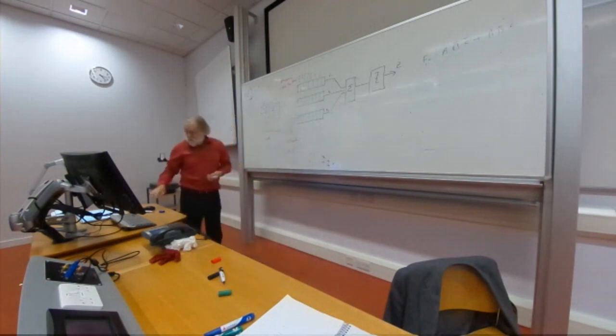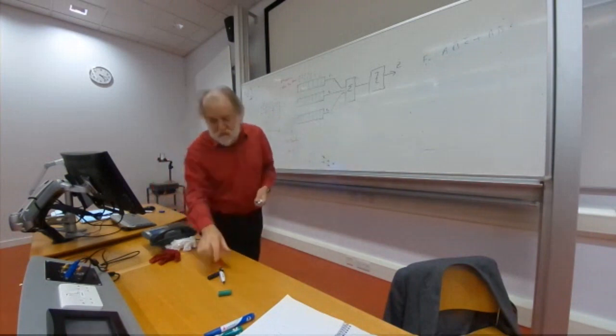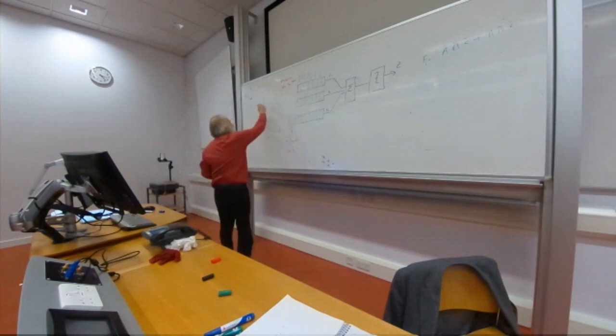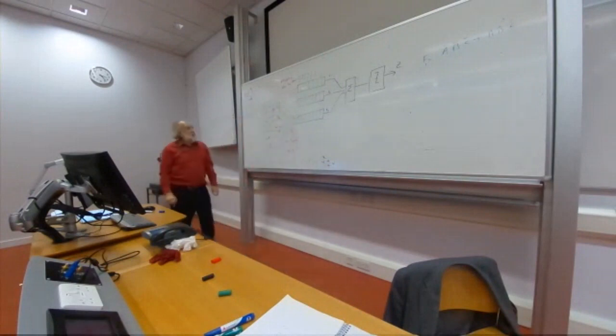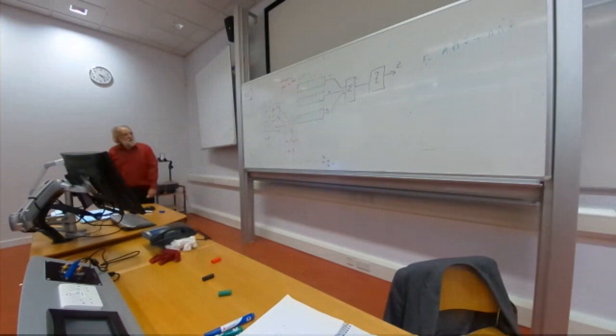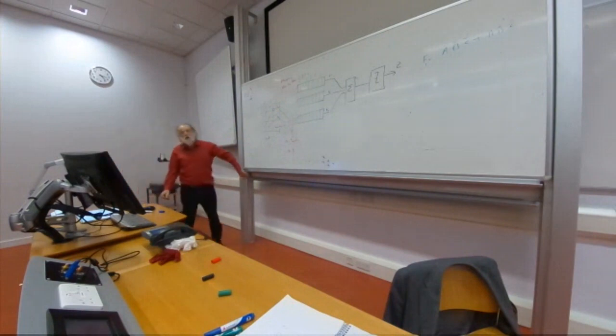So the mapping is going to be, let's put it in black, 1, 2, 3, and 1, 2, 3. Right. Don't know if that helps, but it's column by column.